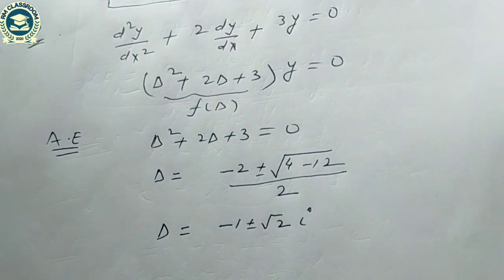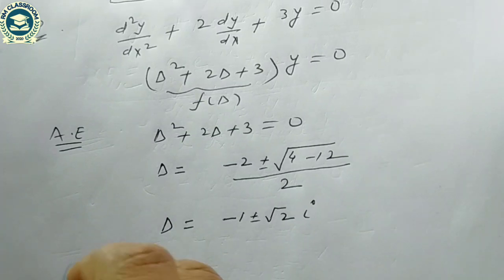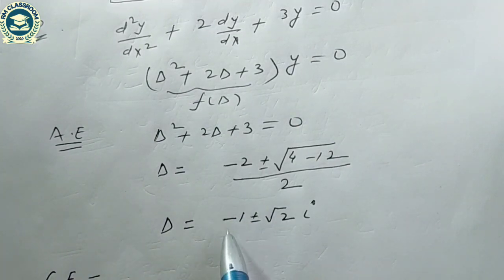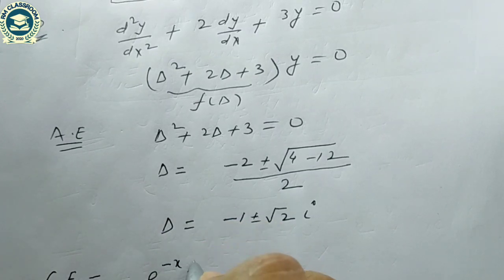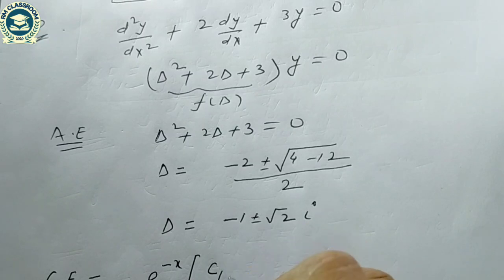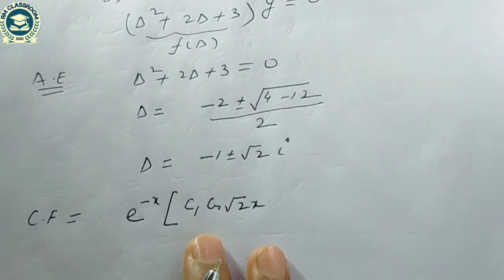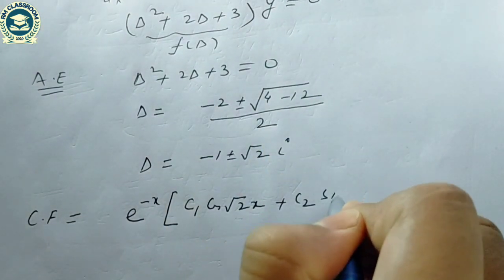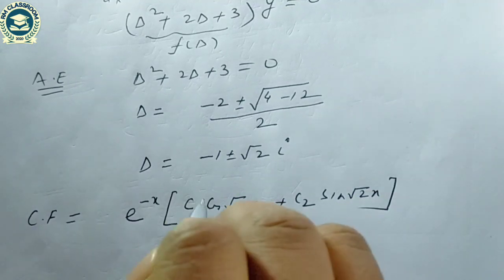So here our roots are complex and distinct. So the complementary function can be written as follows. The real part of the root is minus 1 and the imaginary part is root 2 i, or we can write it in the form alpha plus minus i beta. So alpha is minus 1, so e to the power alpha x, that is, e to the power minus x, into (c1 cos beta x plus c2 sin beta x), that is, c1 cos root 2 x plus c2 sin root 2 x.